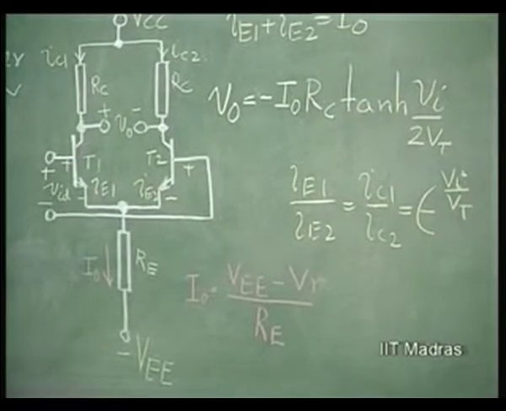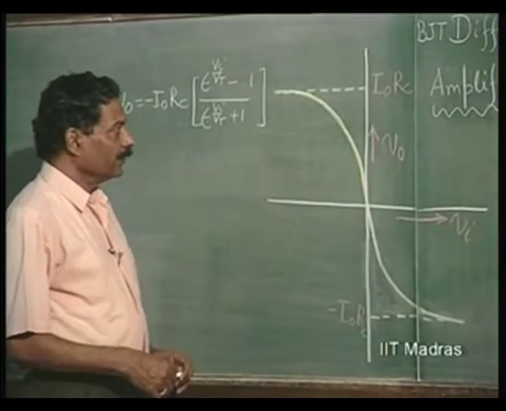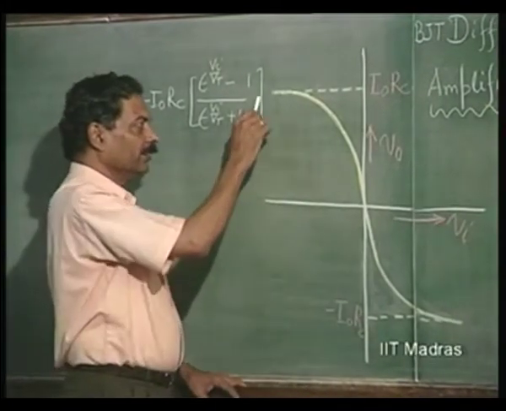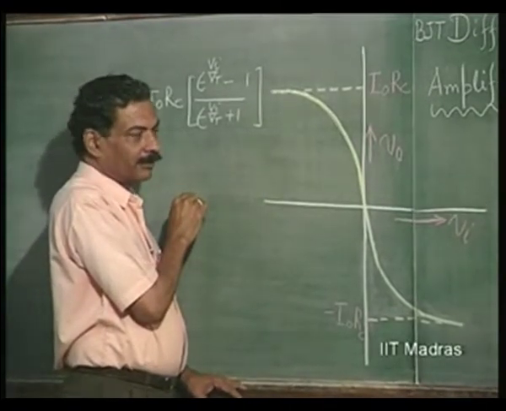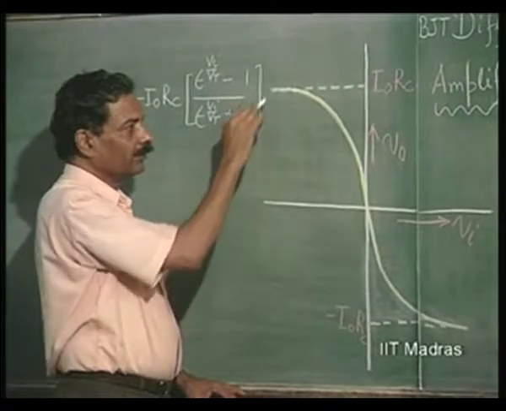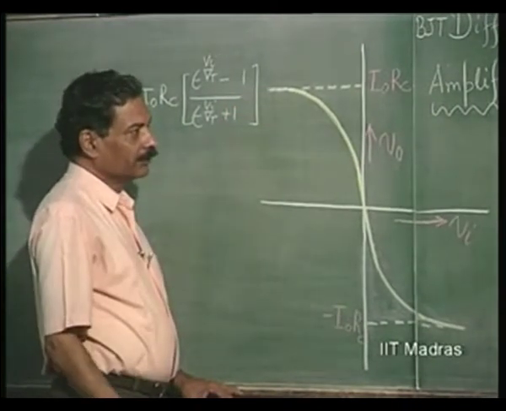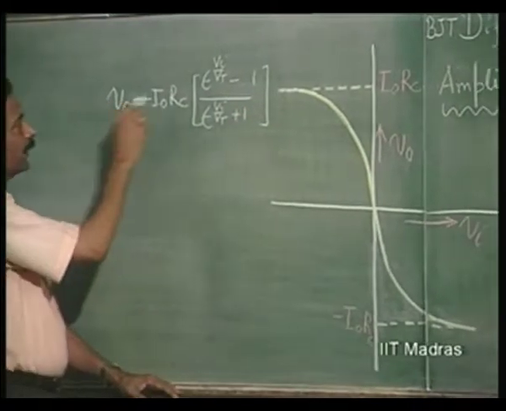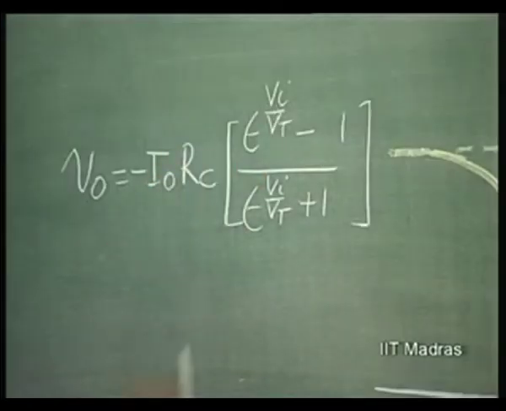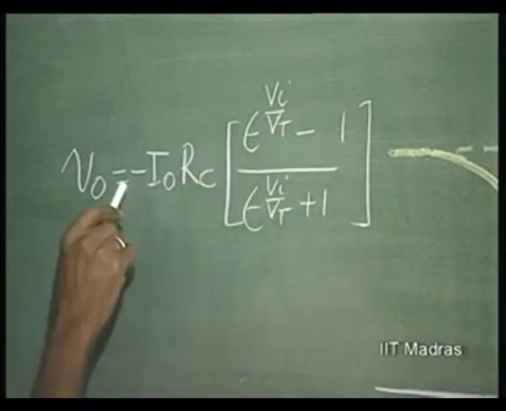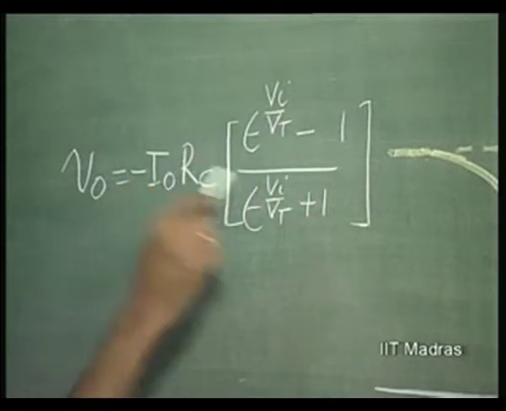Then we said we will plot this, and this plot tells us that for VI negative, output is going to be positive. For VI negative, this is going to be minus 1, and there is minus 1 here, so it is positive I naught RC.